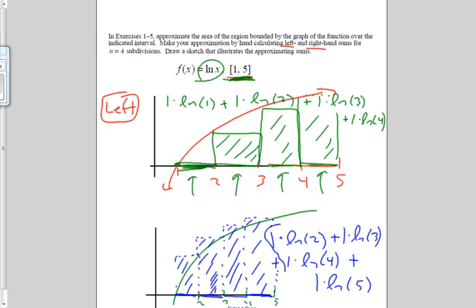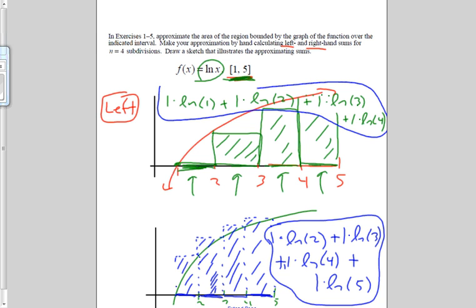So this here is my right-handed sum, versus up here, which is my left-handed sum. And notice that there's a lot of similarities. We've got the 1 ln 2, 1 ln 2, 1 ln 3, 1 ln 3, 1 ln 4, 1 ln 4.